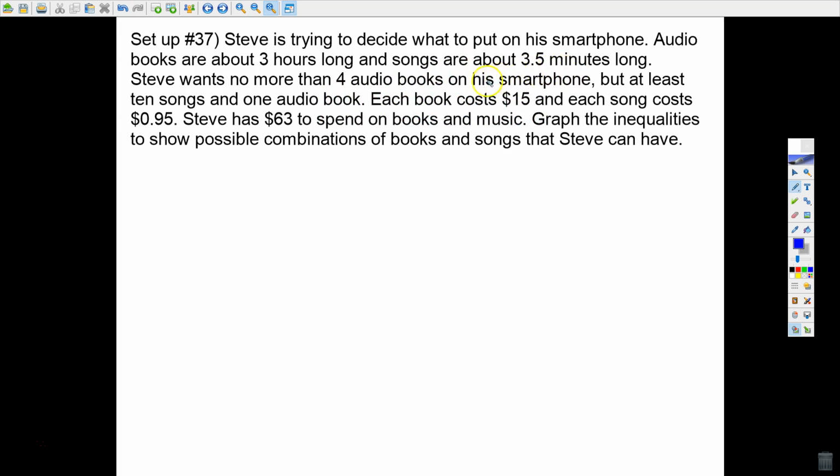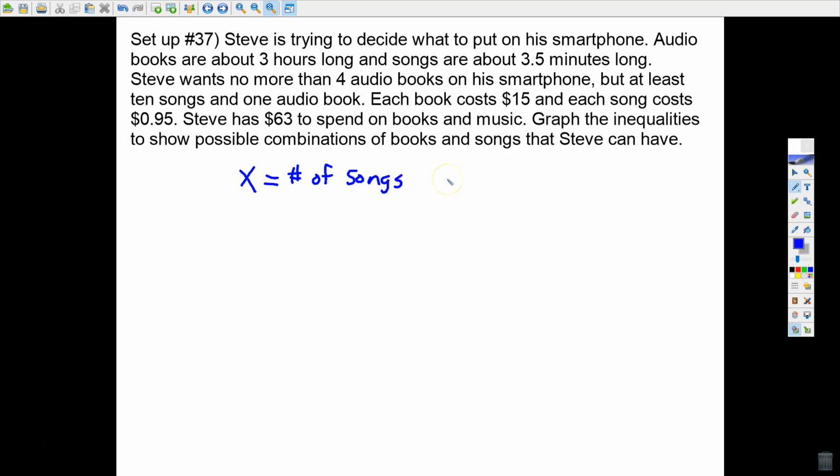We're given some information about costs for each. We're given some information about how many he wants of each at the most or at least. So the bottom line is we're trying to figure out the possible combinations of books and songs that he can have. Okay, so I'm just going to let x equal the number of songs.